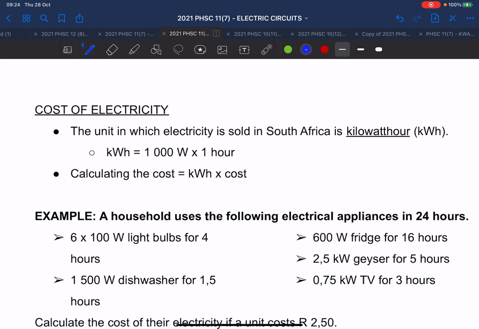Now, who of you has, not PHSC electricity, what do you call it? Koopkrag. Yeah, who buys electricity? The units for their house. Yeah, you pay ESCOM monthly. Okay, right. So, let me just see who buys electricity units in their house. Units.